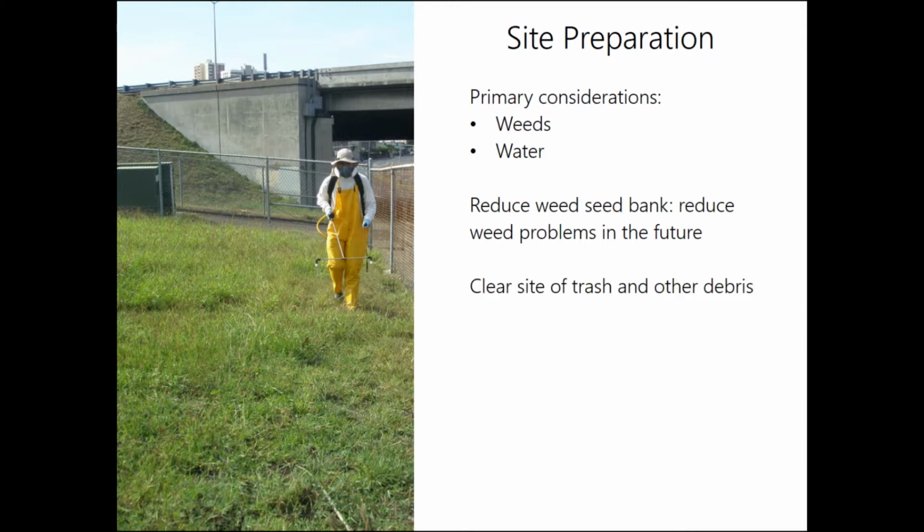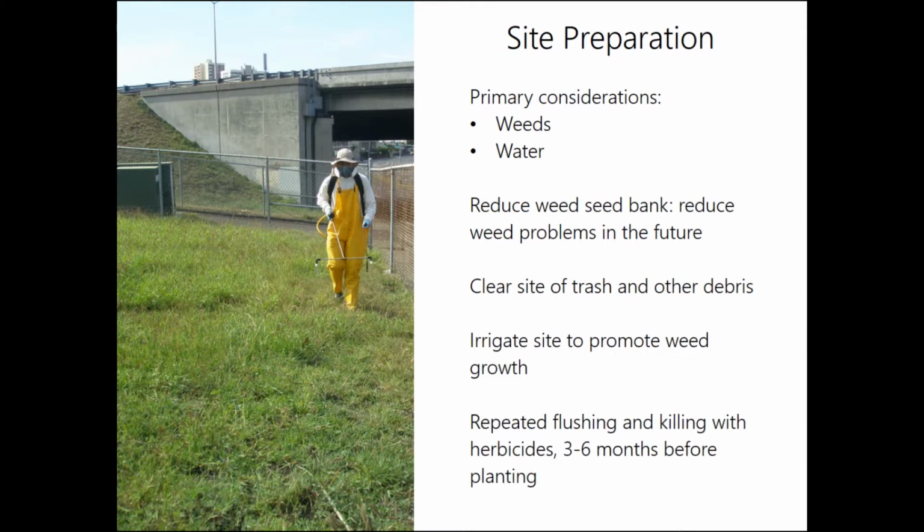Clear the site of trash and debris, and then irrigate the site to promote weed growth. You want to do repeated flushing and killing of the weeds with herbicides about 3 to 6 months before planting. That way you're exhausting your weed seed bank. You won't have as many weed problems if you do this.